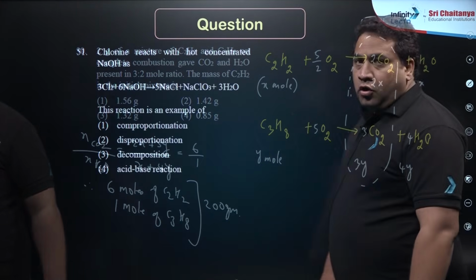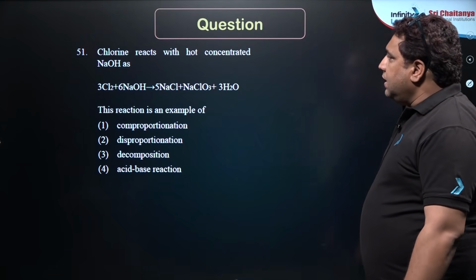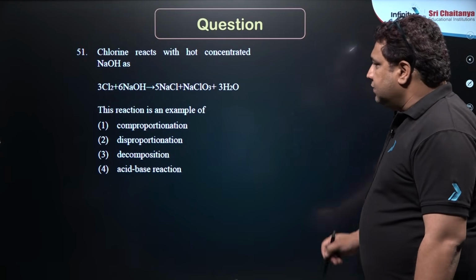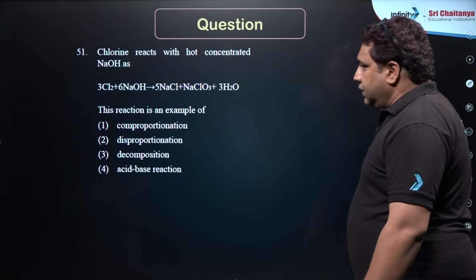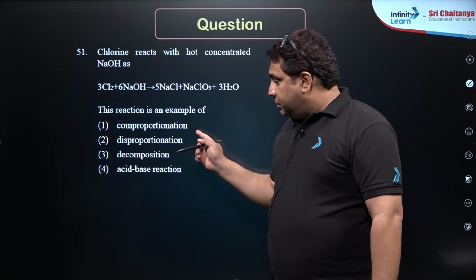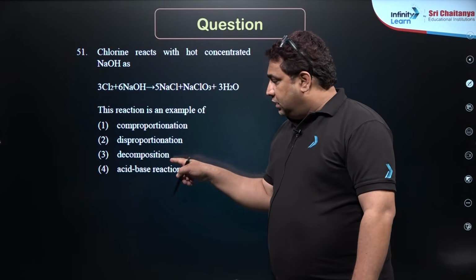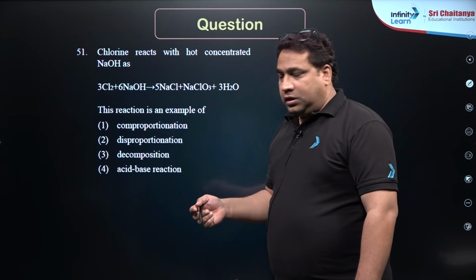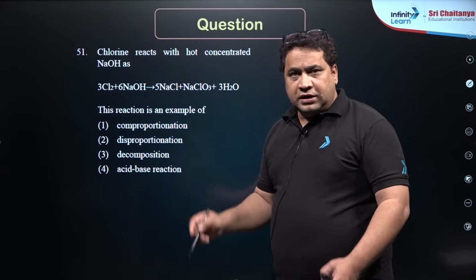Okay, dear students, next question. Chlorine reacts with hot concentrated NaOH as follows. The reaction is an example of, see, comproportionation and disproportionation are opposite to each other. Decomposition is like carbonates and bicarbonates on heating evolving gases. Then acid-base reaction, neutralization reaction.